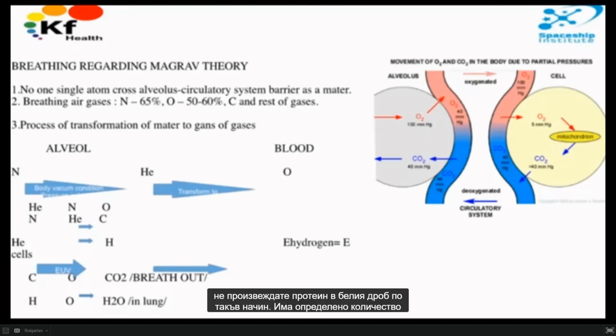You don't produce protein in the lung in such a way. There is a certain amount of protein always produced in the lung. If it goes the wrong way, it leads to lung infections, because now you're dealing with microbes and viruses if they absorb too much energy.